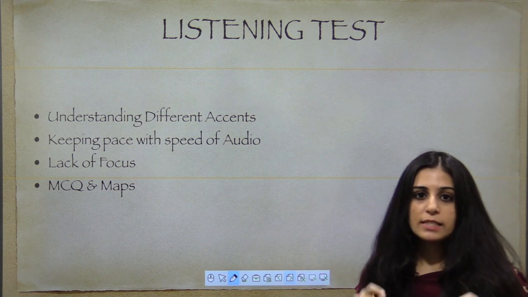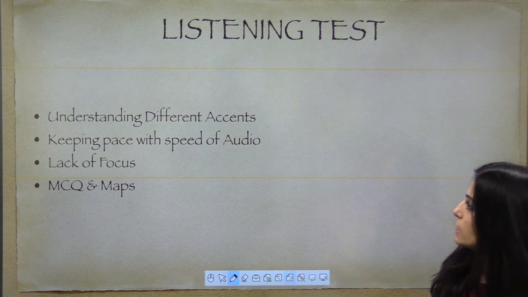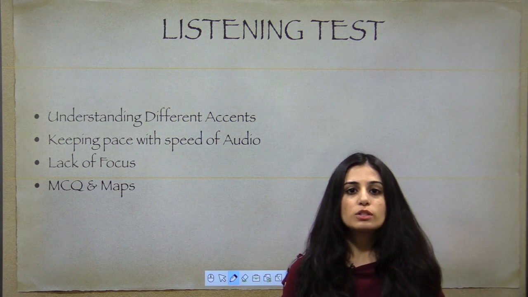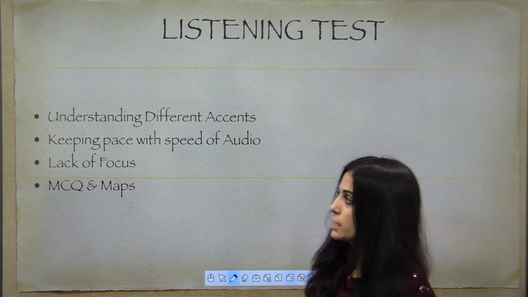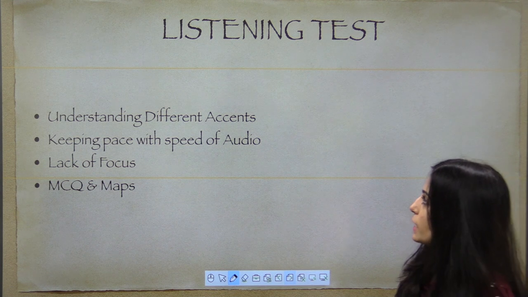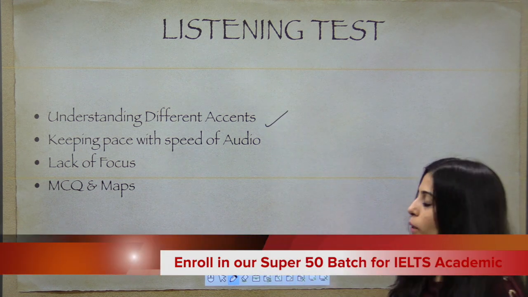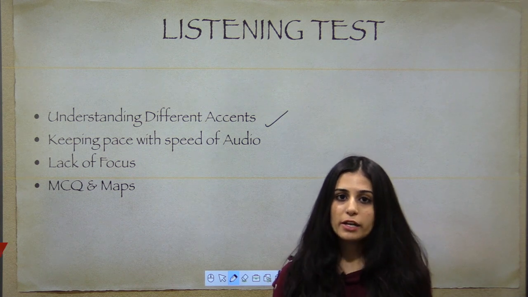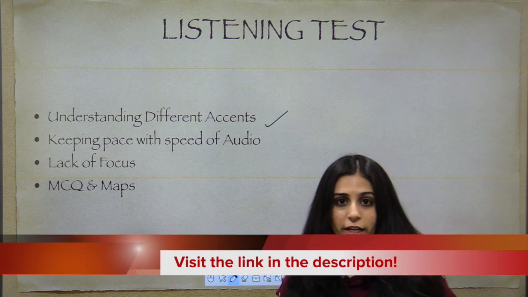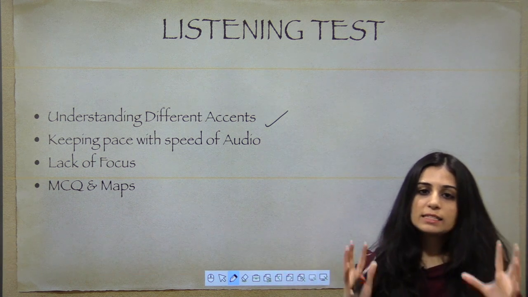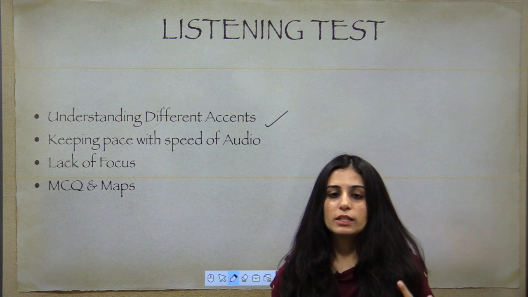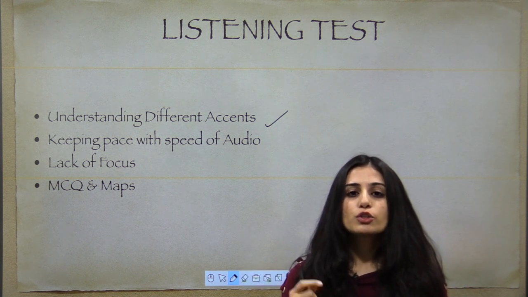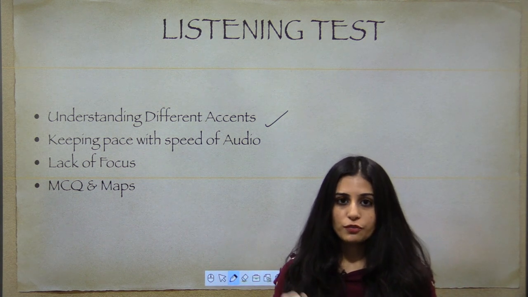So first test of your day is your listening test, and these are the common problem areas that a lot of students face while taking the listening test. First of all, understanding different accents. So we all understand that there are different accents from Canadian, American, British, Australian, right? So the IELTS test, the audio that you listen to in the listening test would cover all the various accents, and you should be acquainted with each of them.